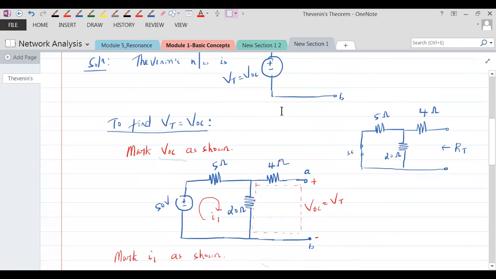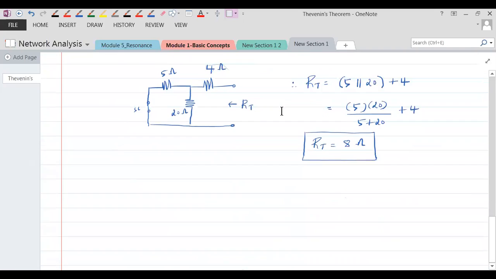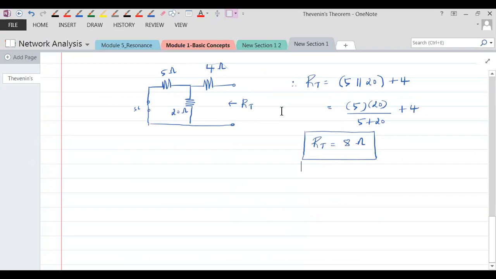Okay. So therefore, what is the network? Therefore, the Thevenin's equivalent network across terminals AB is what?